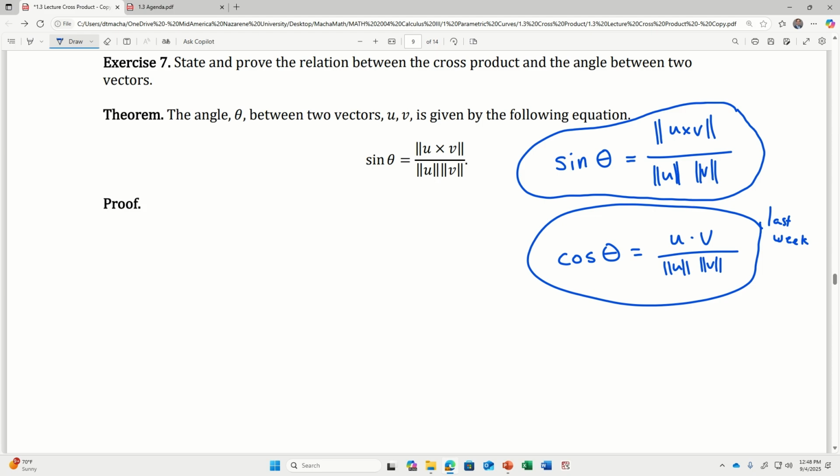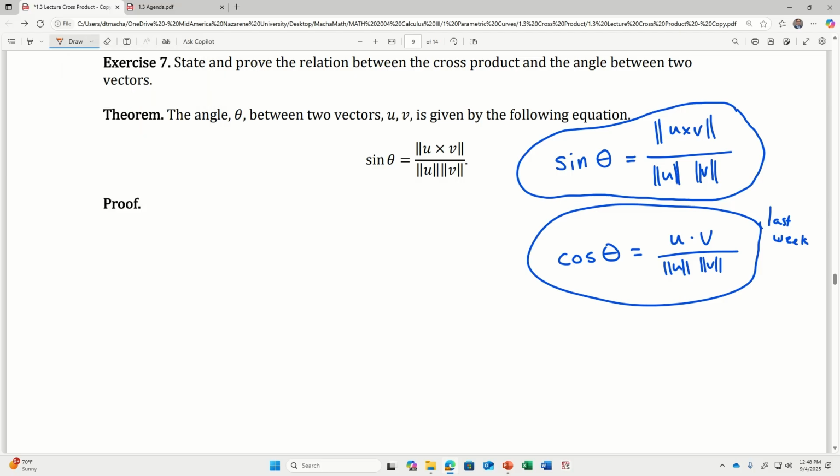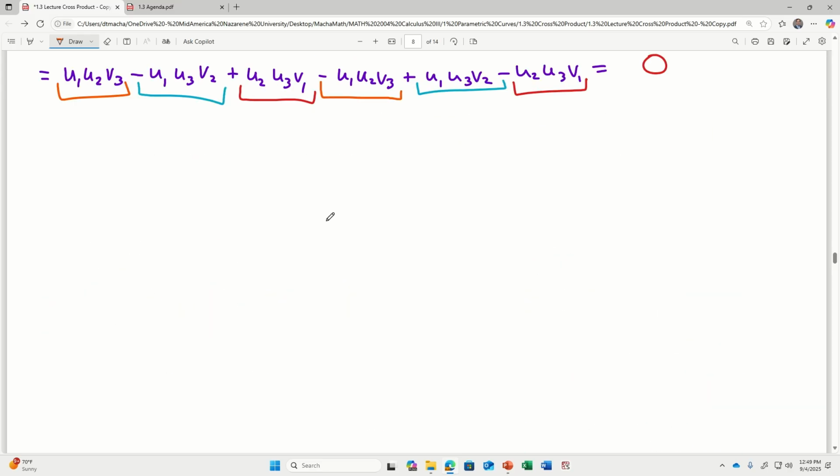So how would I prove this? It's a good question. Let me think. I think I would start off by saying this. This is something that we proved via brute force, right?